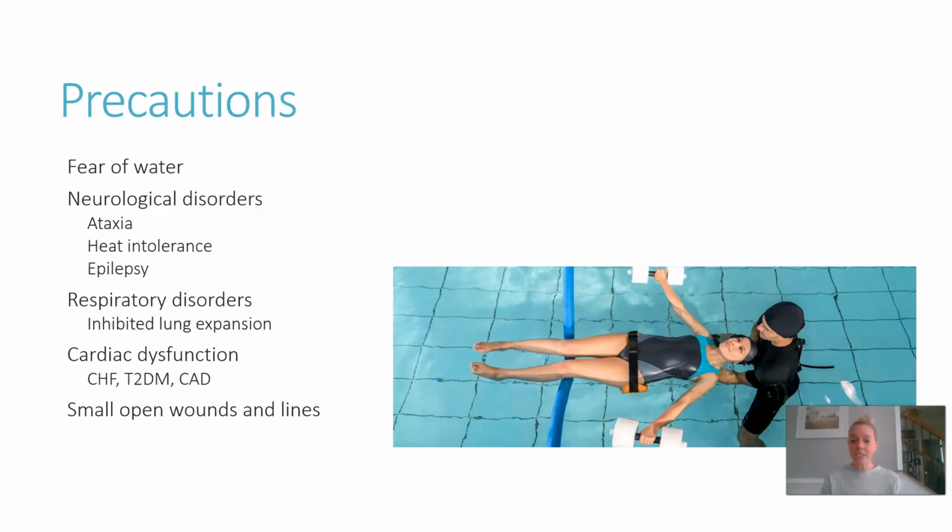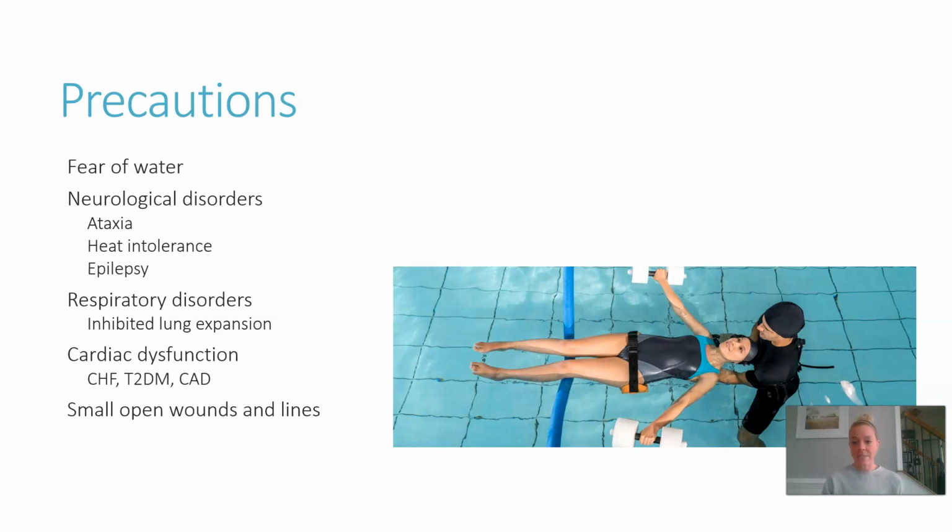So some precautions to performing aquatic therapy are going to be if someone has a fear of water. We do need to use some caution when we're treating patients with some different neurological disorders in the water. Patients who have ataxia, the visual feedback from the water, because it distorts limbs underwater and things like that, may contribute a little bit more to those problems.